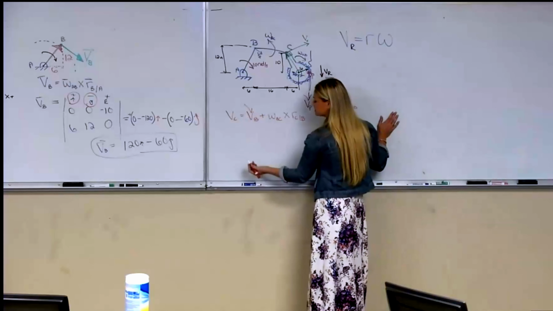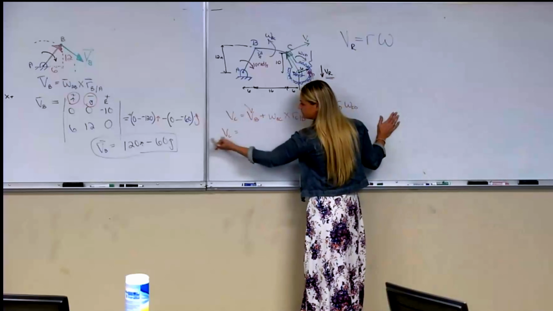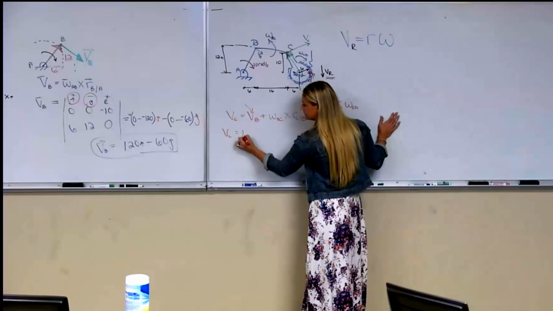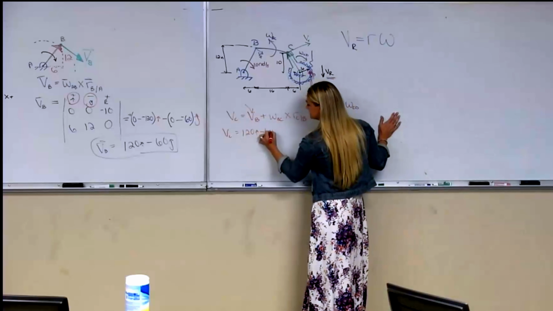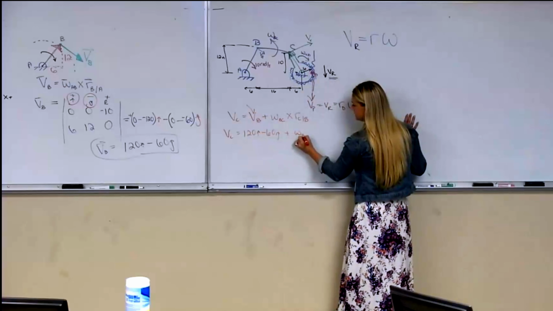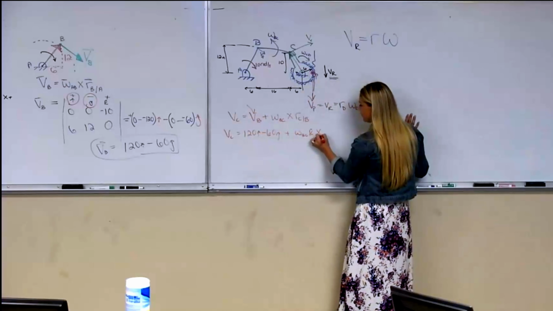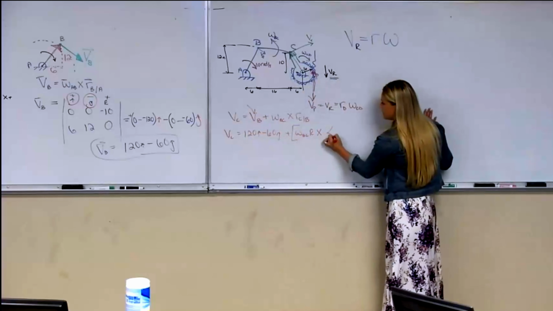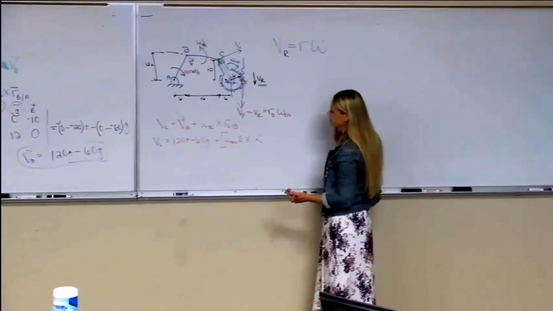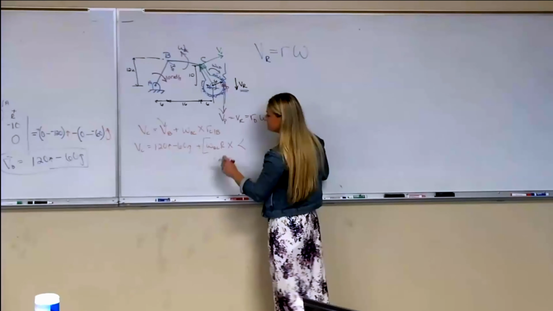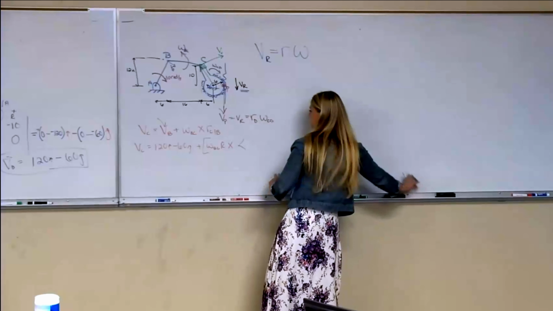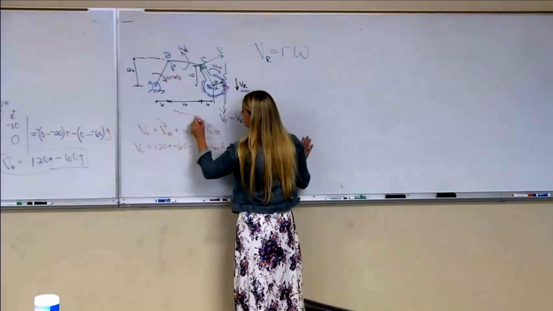I know this. So I have VC equals, I'm going to plug in my VB. I have 120I minus 60J plus my omega BC in the K direction, cross RC with respect to B. So that vector looks like this.